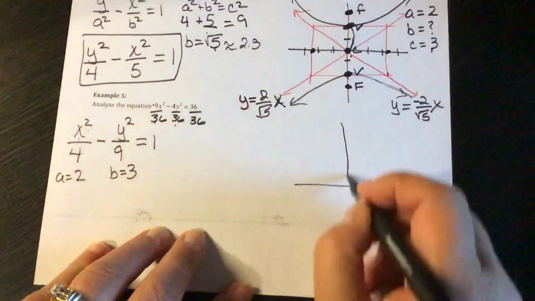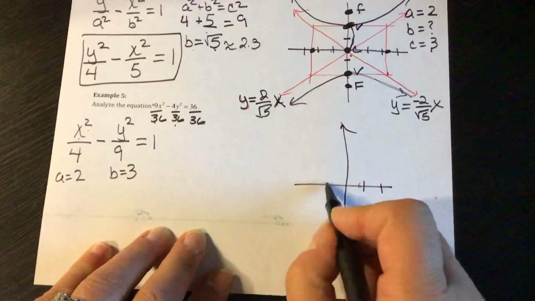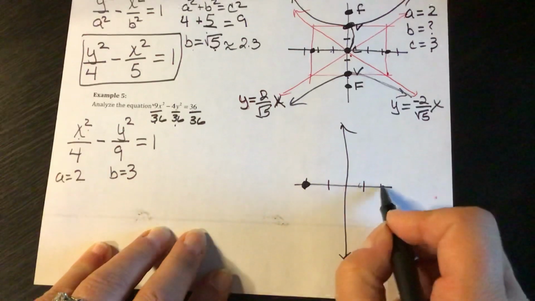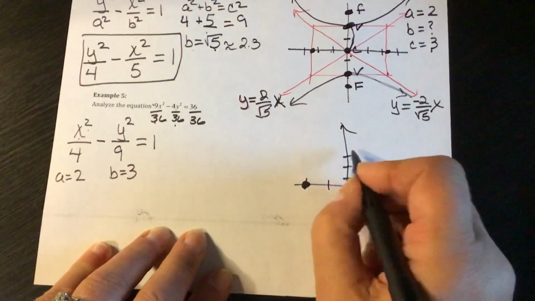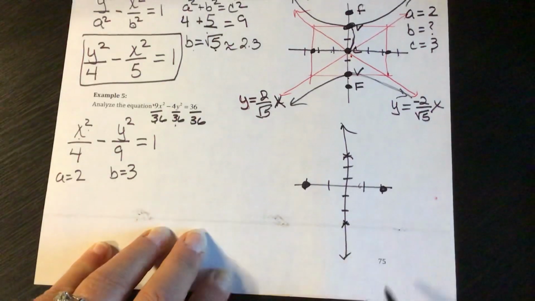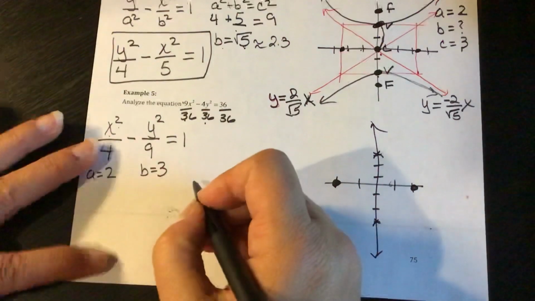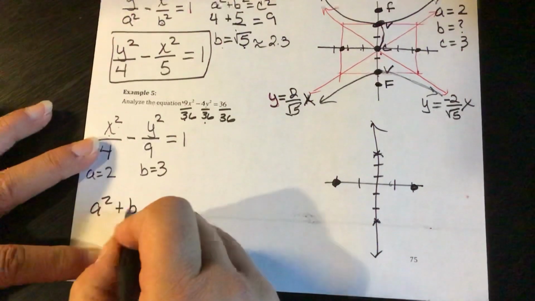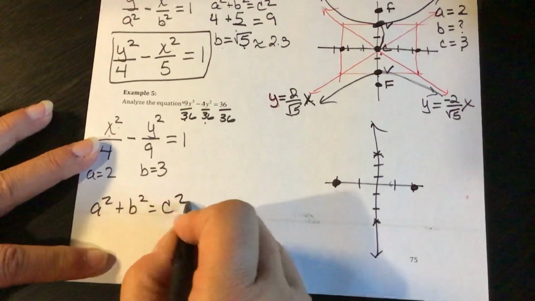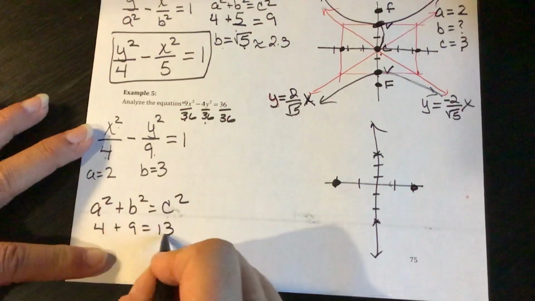All right, so let's graph. I'm going to go over 2 to get my vertices. I'm going to go up 3 to get those guiding points here. I need to find my foci. So a squared plus b squared is c squared. So 4 plus 9 is 13.